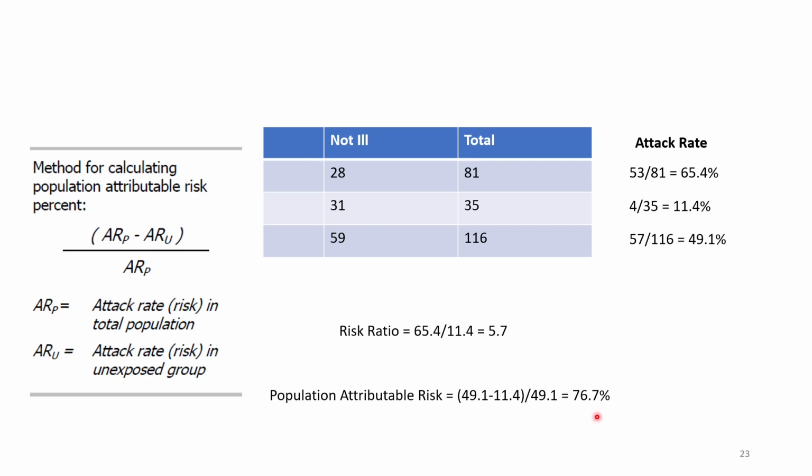This means that the proportion of illness, that is 76.7% of food poisoning in the study population, can be attributed to eating beef. So 76.7% of food poisoning is due to eating beef. This kind of logical conclusion can be derived when we are doing analytical studies.